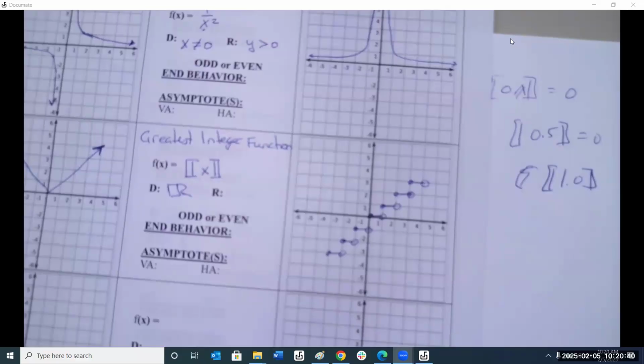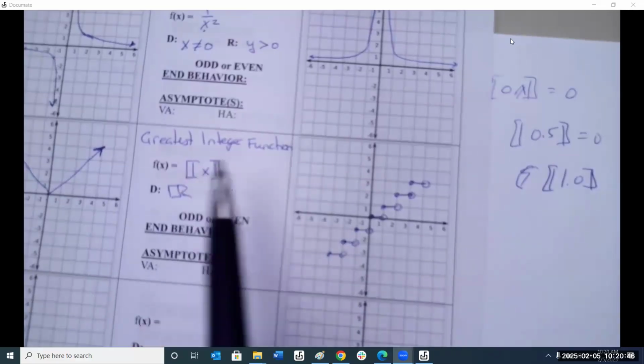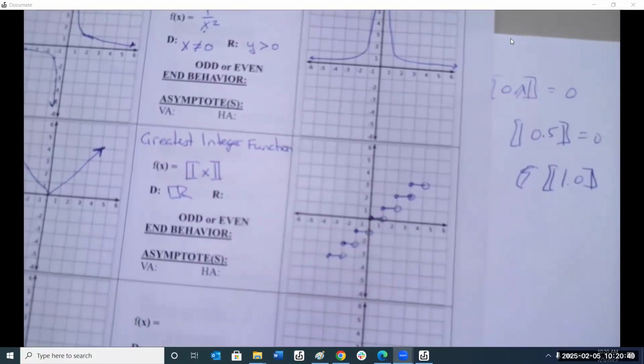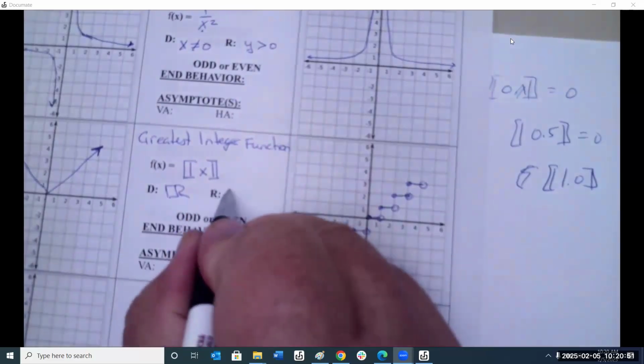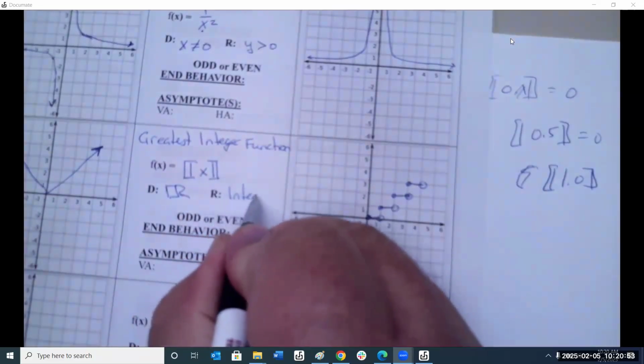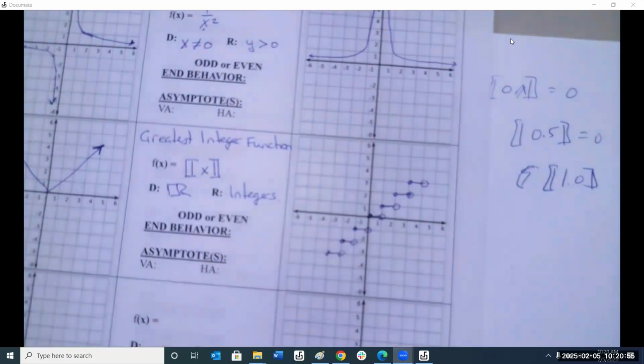What's my range? Nope. It can't be all real numbers because I don't have any decimals. This is only the integers: 1, 2, 3, 4, negative 1, 2, 3, 4, including 0.